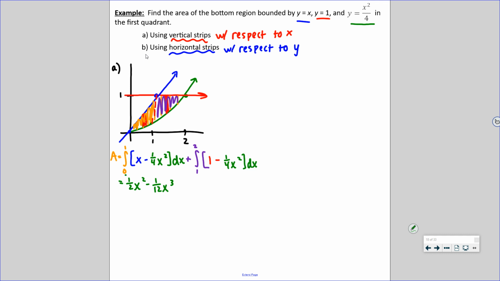These ones I would plug in 1 and 0, plus this one over here: antiderivative of 1 is x, minus 1/12 x cubed again. Here we plug in 2 and 1. We get 5/6.